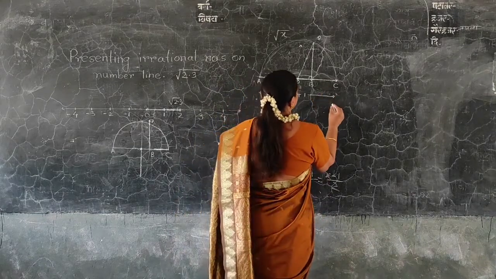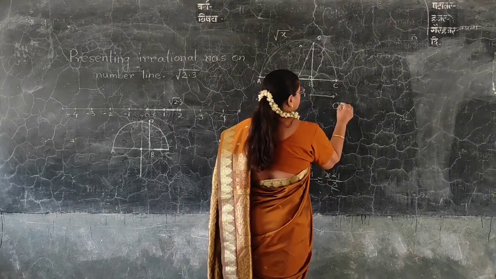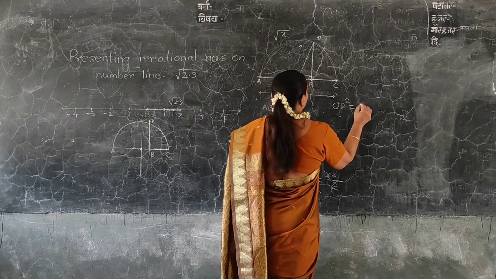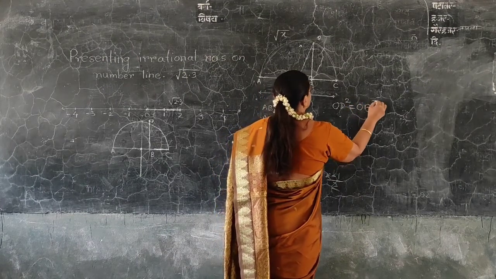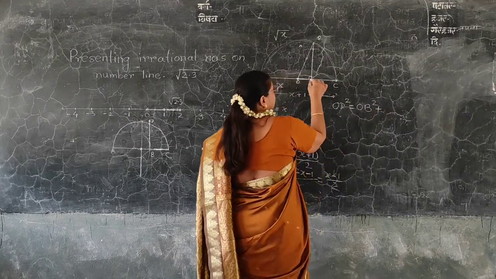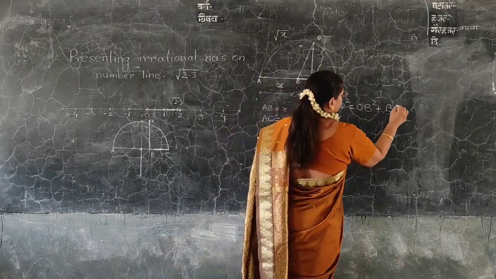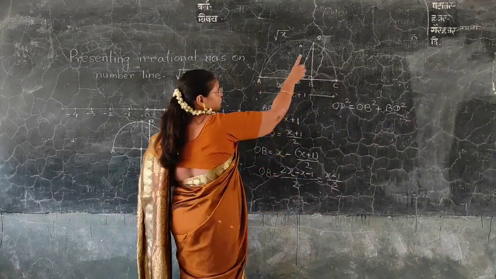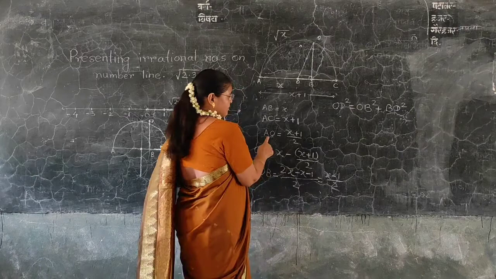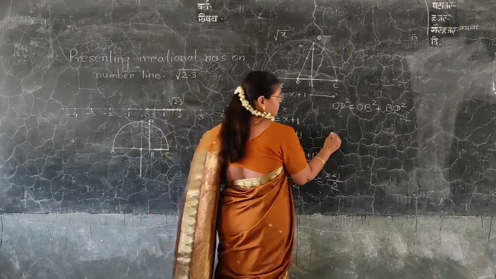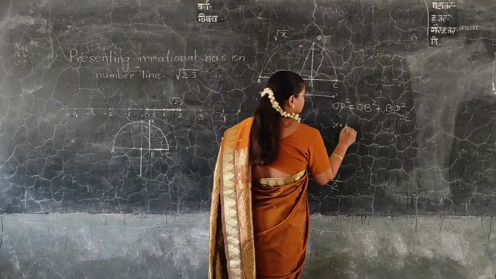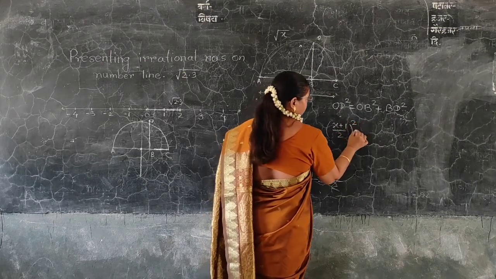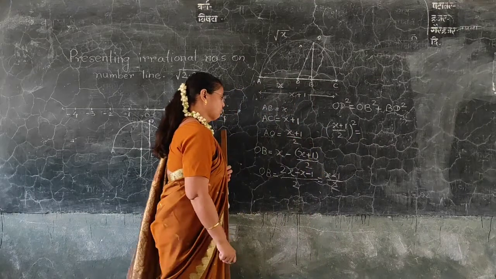So by Pythagoras theorem, OD square is equal to OB square plus BD square. OD square, we know it is the radius, and we know the radius of this half circle, which is ((x plus 1) upon 2) square, equal to OB square.